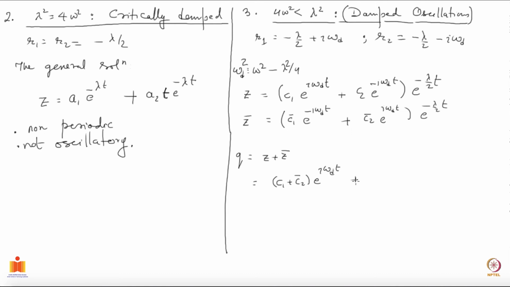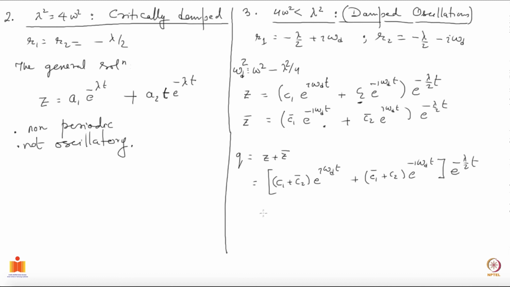Then you get these two pieces, and this is C1 bar plus C2 e to the minus i omega d t, and this overall factor. Note this factor is giving an exponential damping. As time grows, this is exponentially decaying.